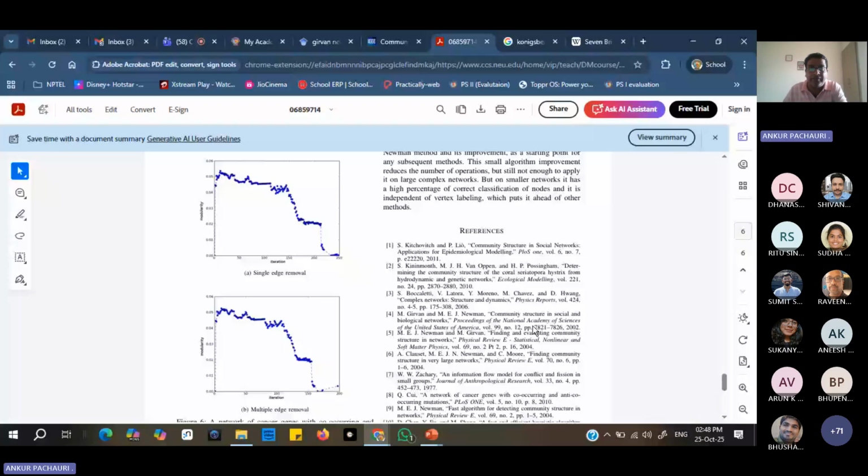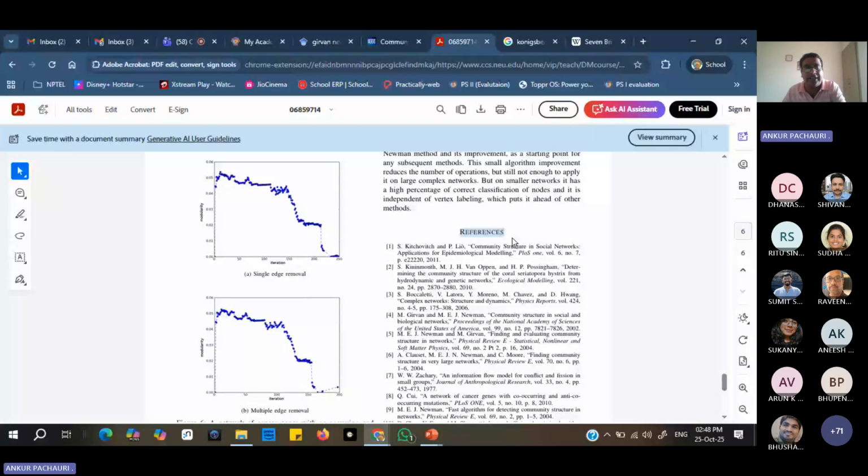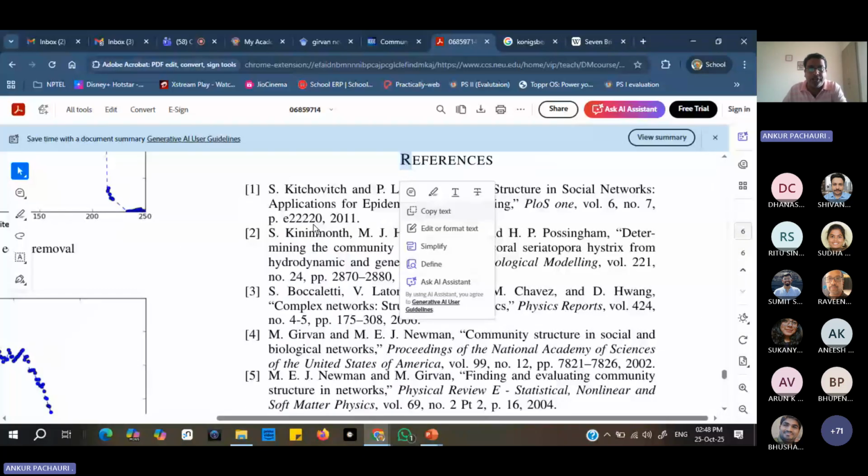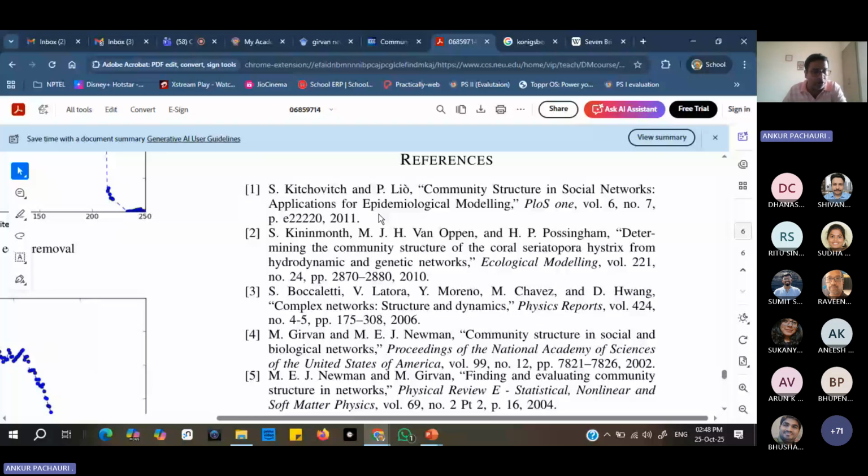Every research paper has one thing which you call references. So count one is the research paper, community structures in social network application for epidemiological modeling, in PLOS 1, volume 6, number 7, page number this, in the year 2021, and these are the authors.